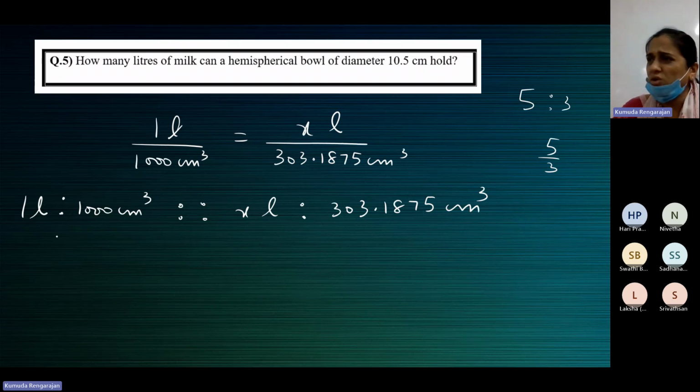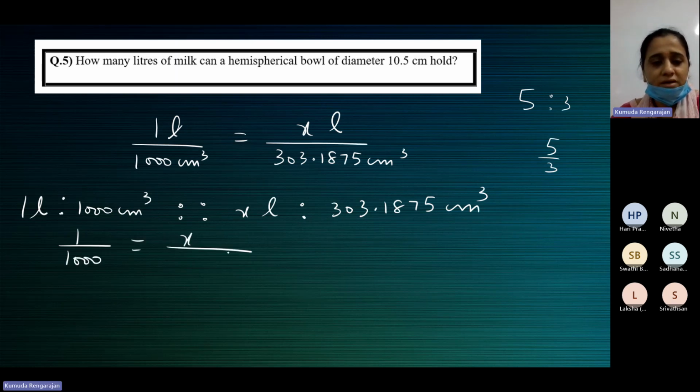So now let go of the units. Let go of all the units. So 1 by 1000 is equal to x by 303.1875. That's what I wrote earlier. 1 liter by 1000, you can write this. Please write this. The teacher will be more happy with you. Write this and then write this. Now cross multiply.